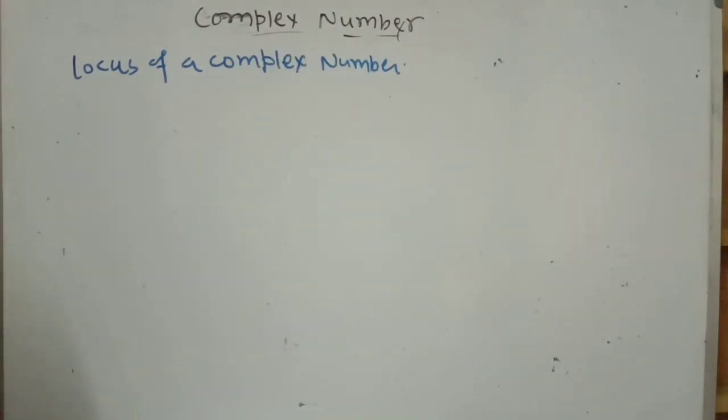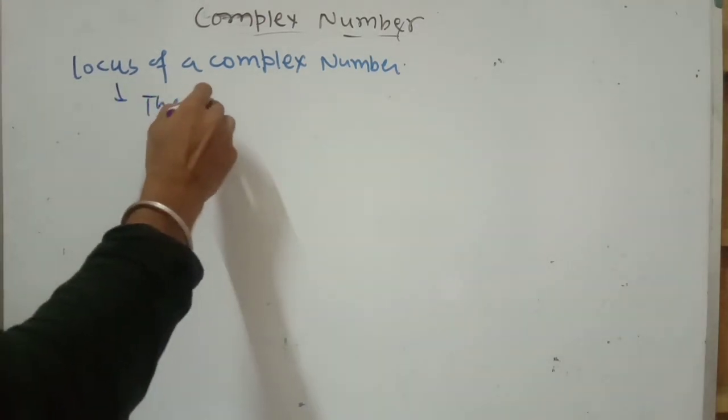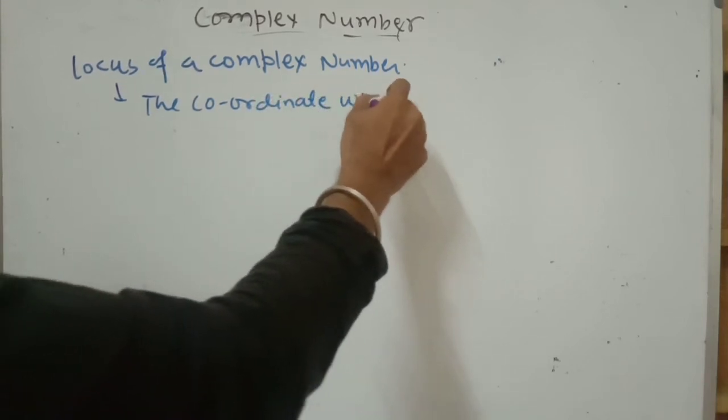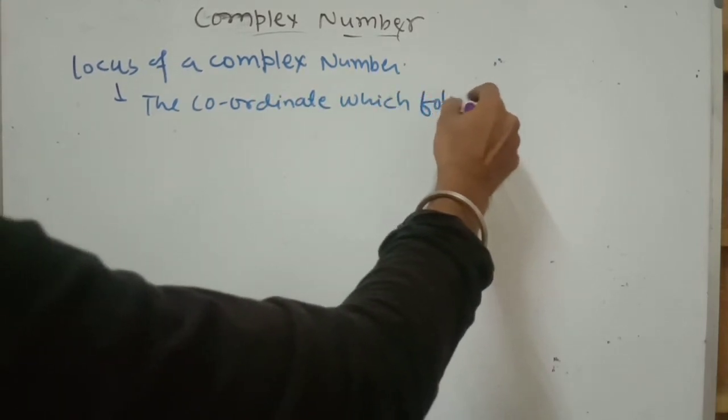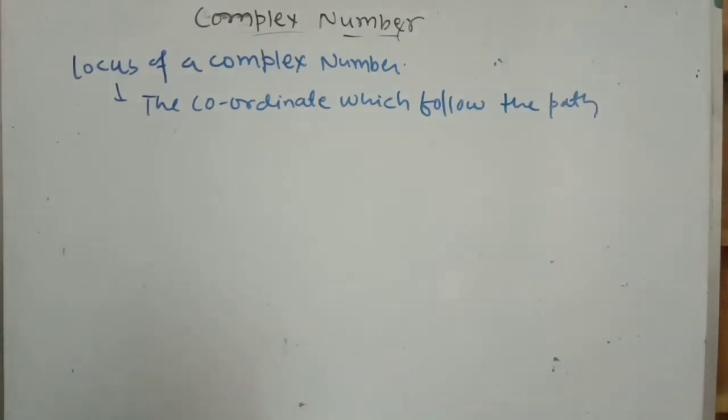Locus, already you know, I already studied in class 10. The point which follows a path, or the coordinate which follows the path, that is called locus. Yes or no? So you can write: the coordinate which follows the path, that is the locus of that point.